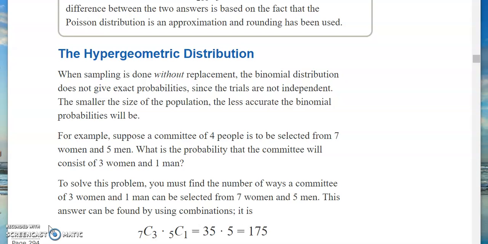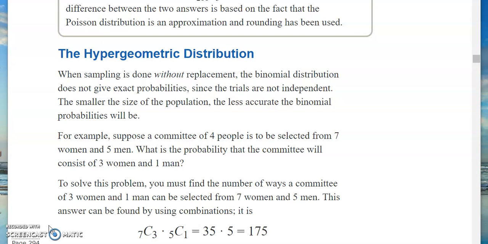All right, suppose you're not sampling with replacement. Can we never use a binomial distribution? Well, the answer is we can use a binomial distribution if the sample size is small compared to the entire population.